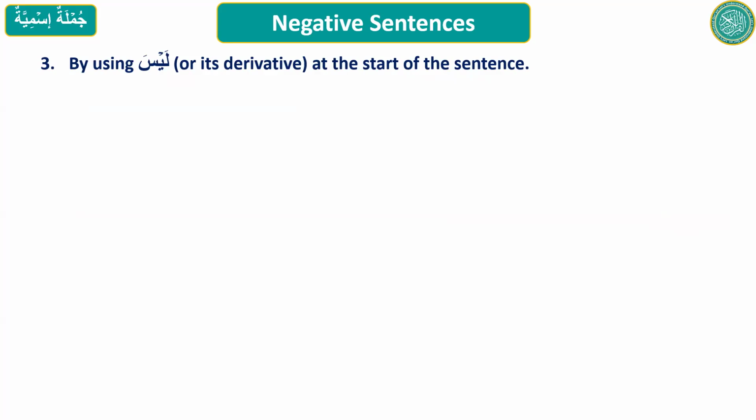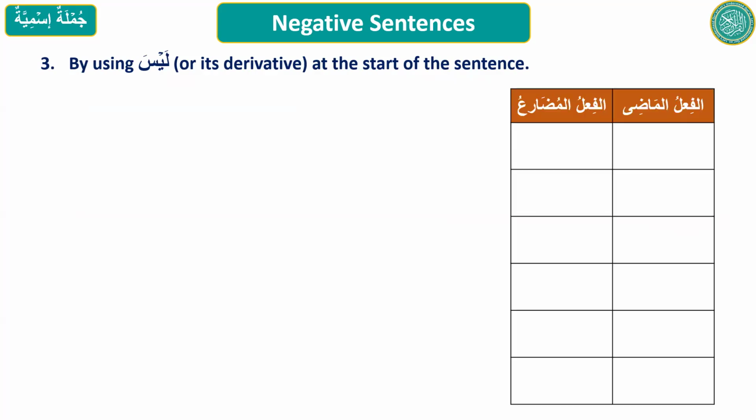So laysa is a fail. If it is a fail, then it should conjugate, right? We should have al-fi'l madi, al-fi'l mudare, and then we should have amr, nahi, ismul fa'il.